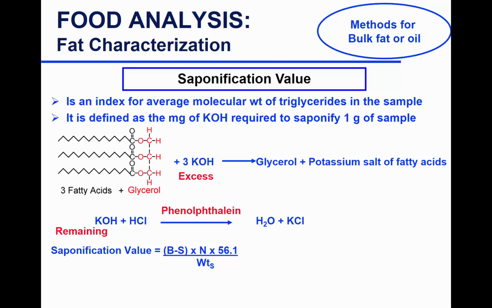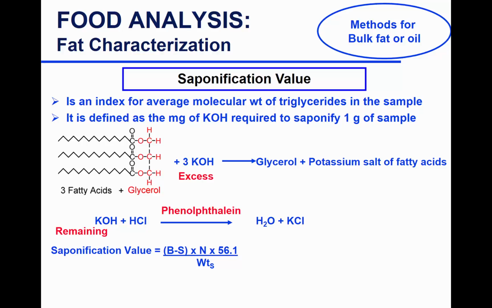And then you're going to mix it with excess potassium hydroxide, and you'll do a refluxing experiment. They're going to be refluxed for a certain amount of time with heat to saponify, something equivalent to what you did in the fatty acid determination lab, where you are freeing the fatty acids from the glycerol backbone. So you end up with glycerol and the potassium salt of fatty acids.